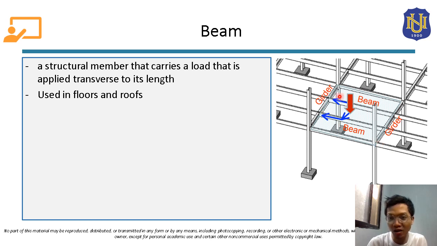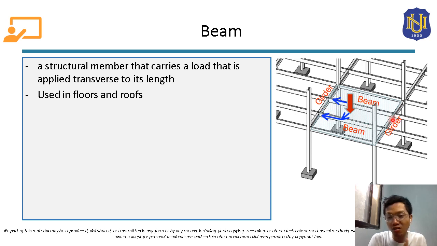These beams are the structural members that will actually support the floorings that will be put here, let's say on this area, on this floor. The flooring will be put here, and that flooring will be carried and supported by these beams.